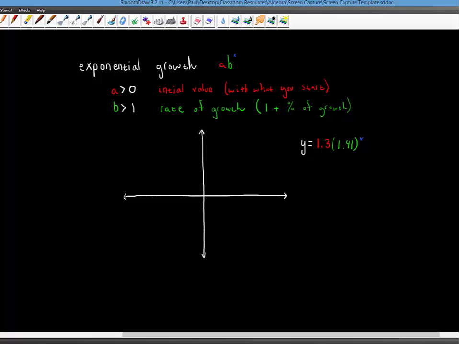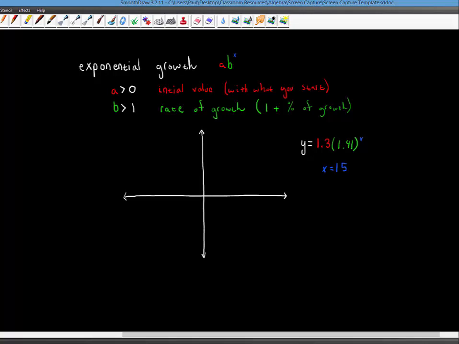So here you can see the initial value is 1.3, and the rate of growth, not the slope. We aren't talking about slope here, we're talking about rate of growth, which is 1.41. Or in other words, 41% above constant. And the question asks, how fast will the ball be going after 15 minutes?